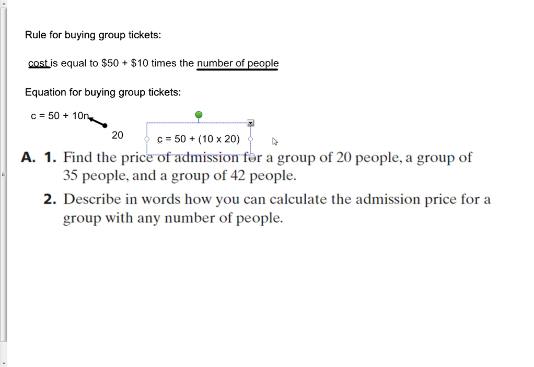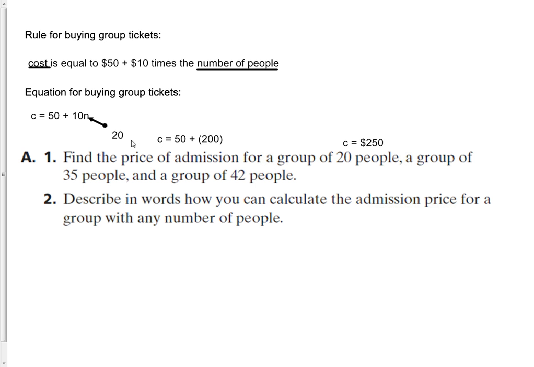I know that this right here, 10 times 20, shortens down to 200. I can actually figure that out right now. Now I have C equals 50 plus 200. So I know my cost right now. I can shorten that up. C equals 250 or $250. So for 20 people to get in, that's going to cost me $250 at this special group rate.